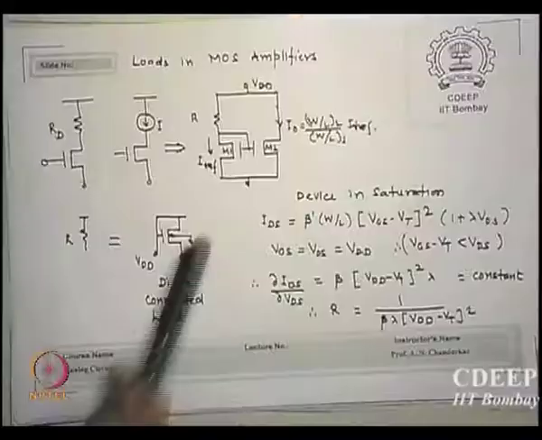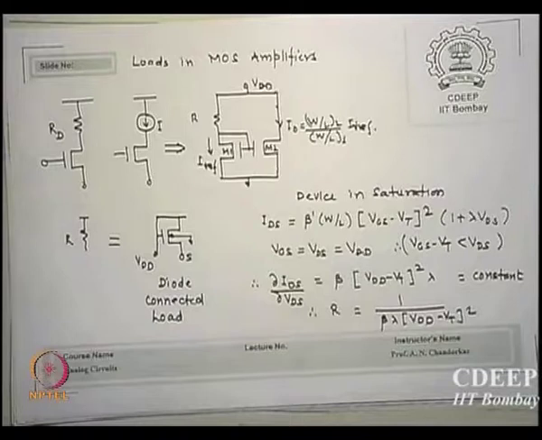Is that okay? So this is how the loads are created in MOS amplifiers. Is it clear? Loads can be created out of transistors themselves. And what is the advantage? The area of this will be 1/100th of the area of a resistor of equivalent value, and that is what we are really looking for.